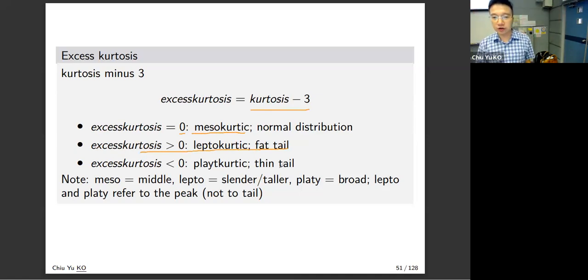If lower than that, you have thinner tails. I want to remind you that most of our analysis is based on the bell curve idea, which you will see in the second half of our course. So if your data has a fat tail or thin tail issue, then our analysis doesn't apply very well. You need to be very careful.